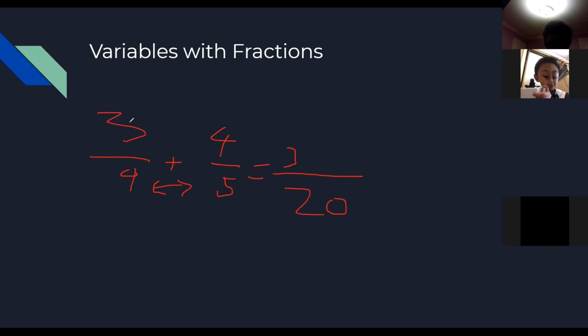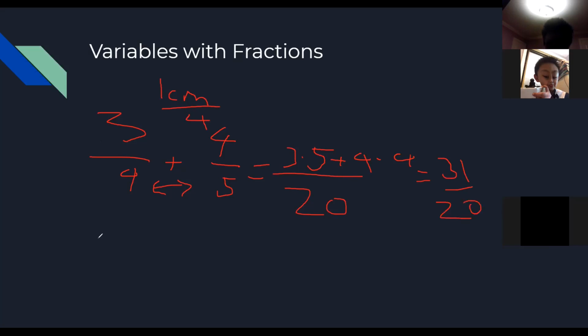And 3 gets multiplied by the LCM, which is shorthand for lowest common multiple, divided by its denominator, which is 4. So that's 20/4, 5. 3 times 5 equals 15, and 4 times 4 equals 16.